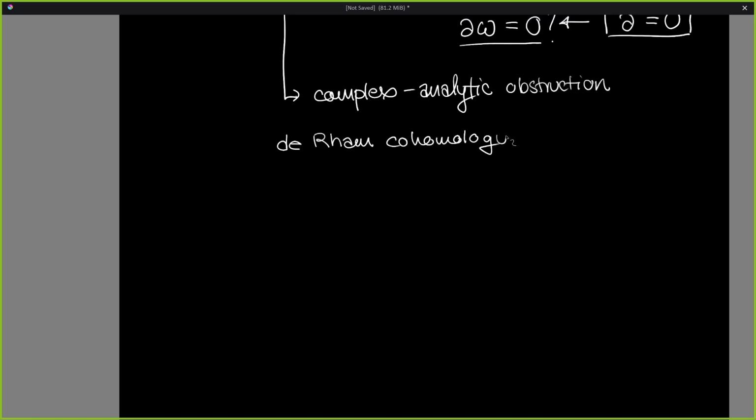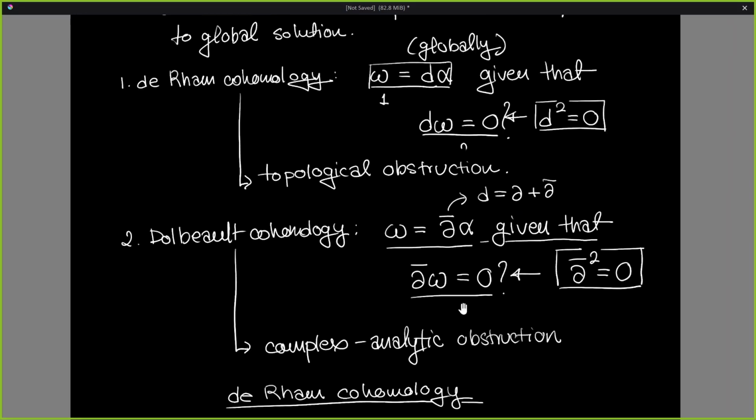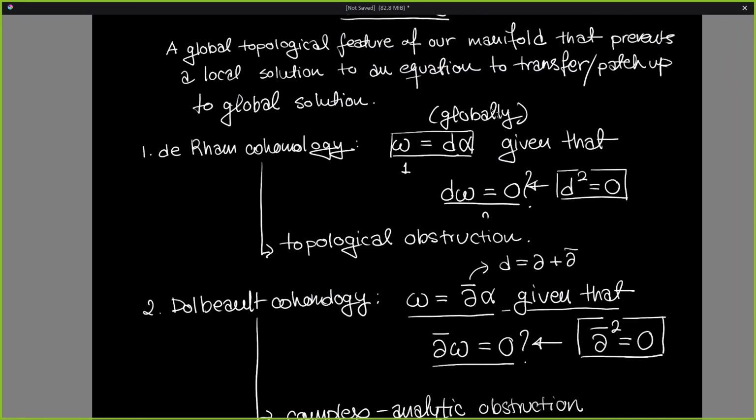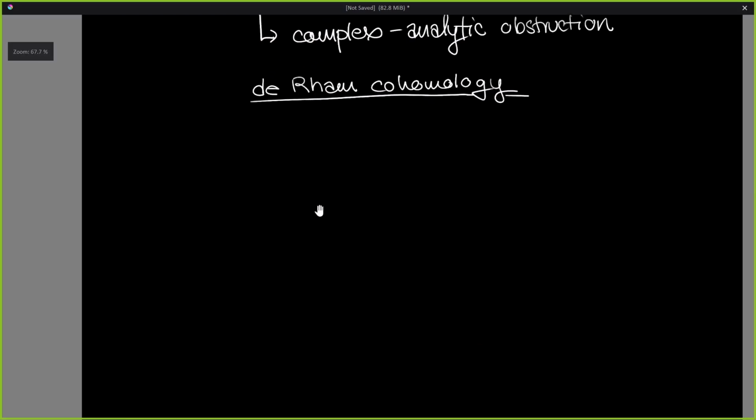And the key thing to remember here while I talk about all of this is that de Rham cohomology and Dolbeault cohomology are the real and complex analogs of each other. So keep in mind all of the definitions that I'm going to be giving right now so that we can transfer them over to the complex case. So now we're going to take these mysterious equations that we just wrote over here and we're going to give them names.